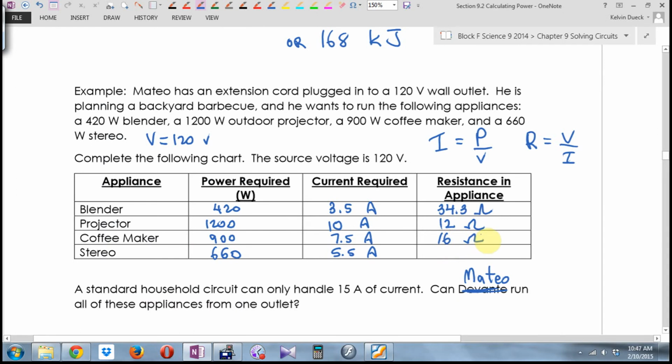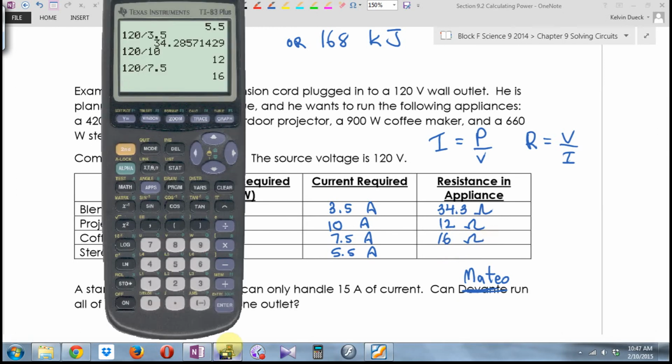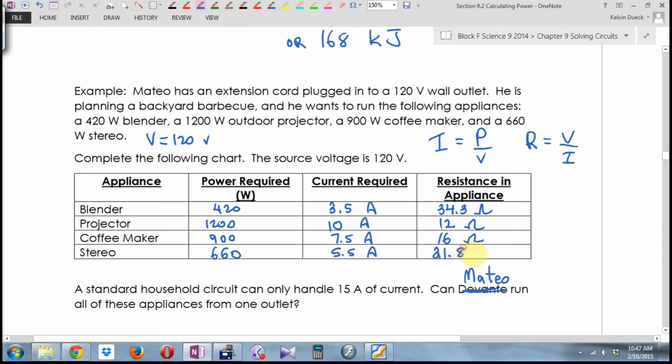What's the resistance in the stereo? That would be 21.81. Okay.